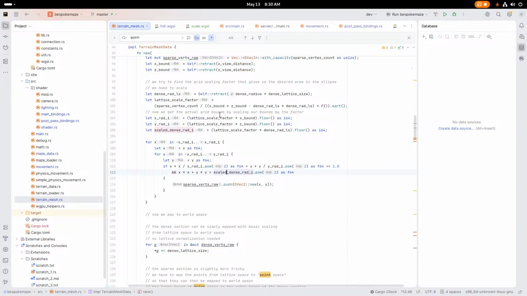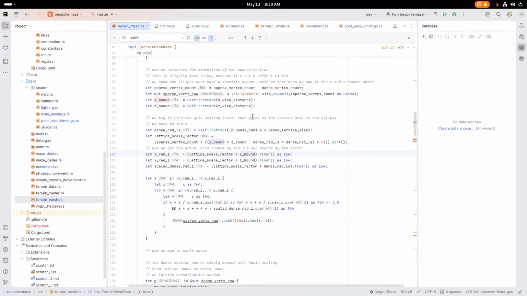Okay, so the scale, dense radii, x radii, x bound. Yeah, I mean, this is all really complicated math, I think.